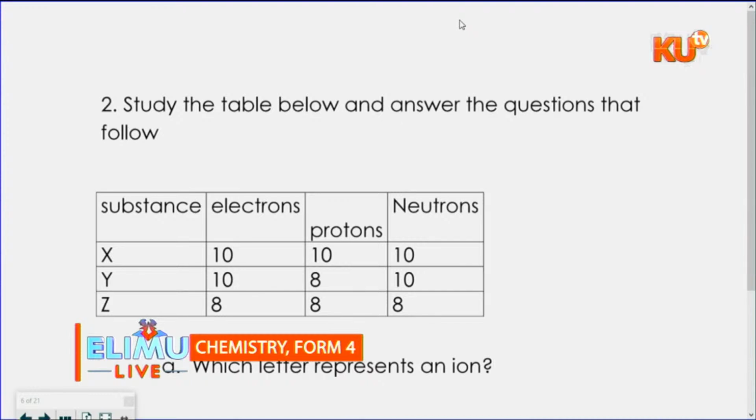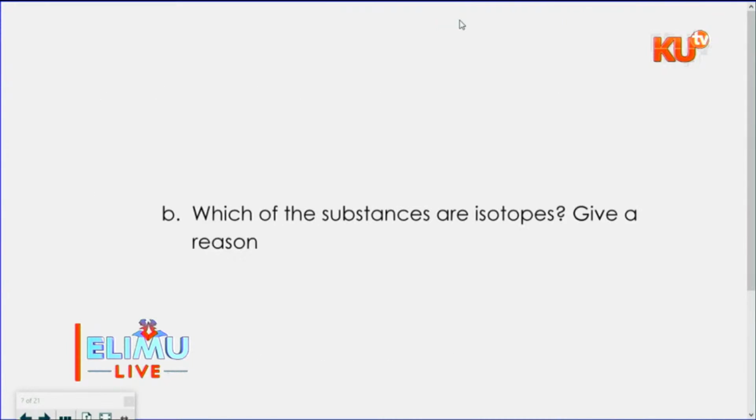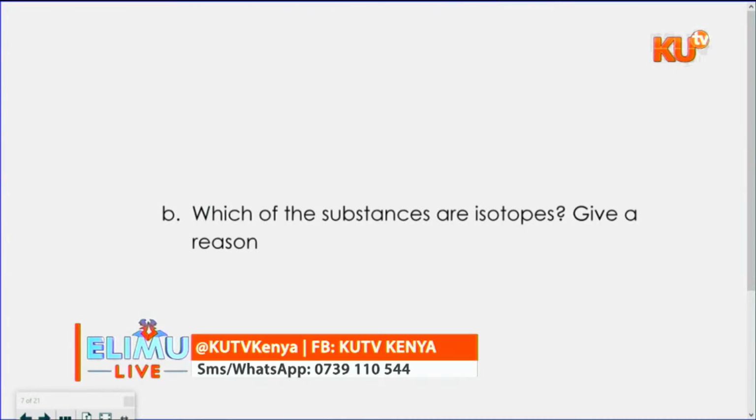And if the atomic numbers are the same, it means the protons are the same. So if you check your table, which substances have the same number of protons? Y and Z. Hence, your answer: the substances which are isotopes are Y and Z. Reason: they have the same number of protons but different number of neutrons.